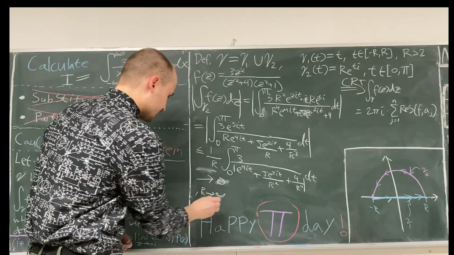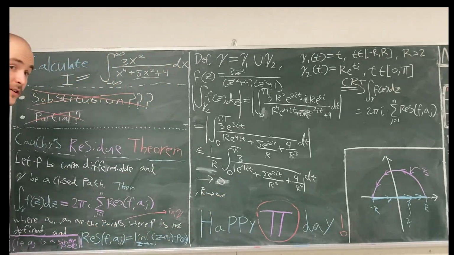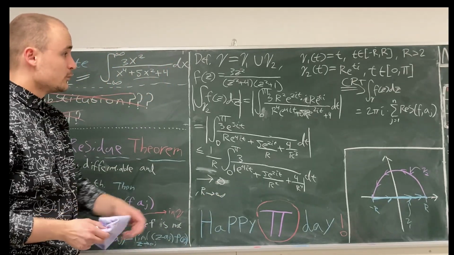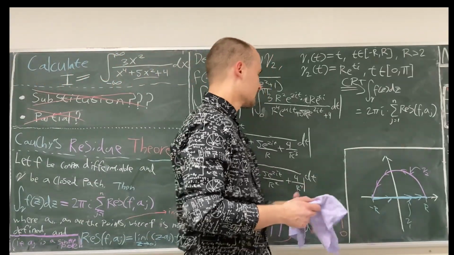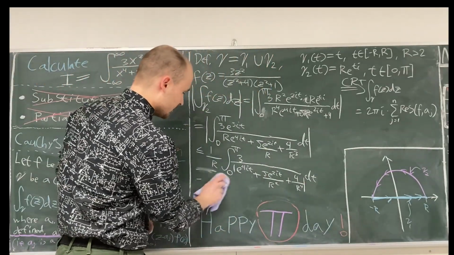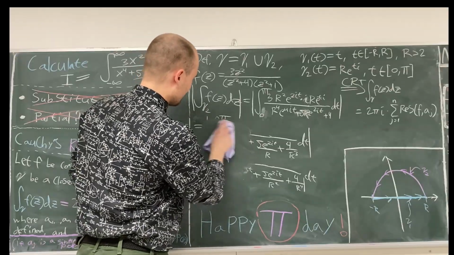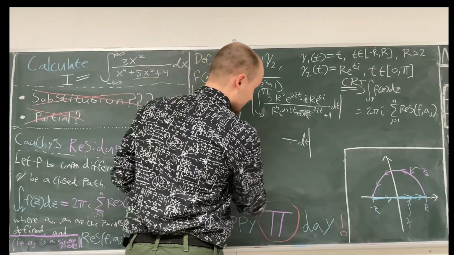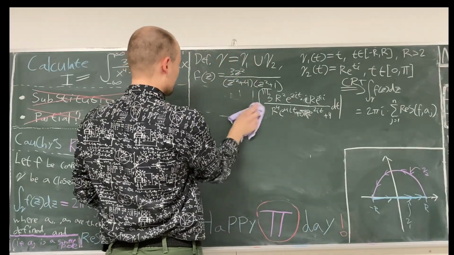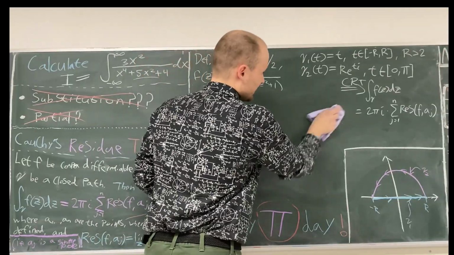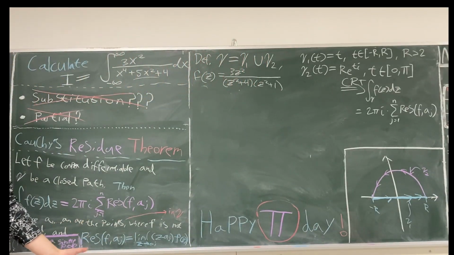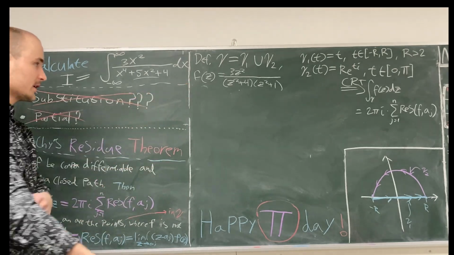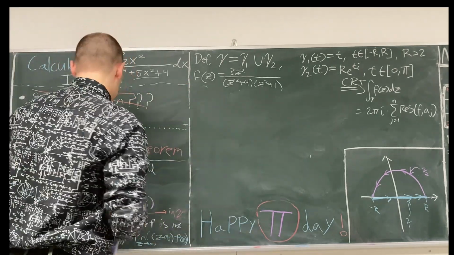Alright, so that is actually really good, because now we can use our expression over here from Cauchy's residue theorem to calculate our desired integral, because we can just take the limit on both sides, and if we look at the definition down here, those residues do not depend on big R.